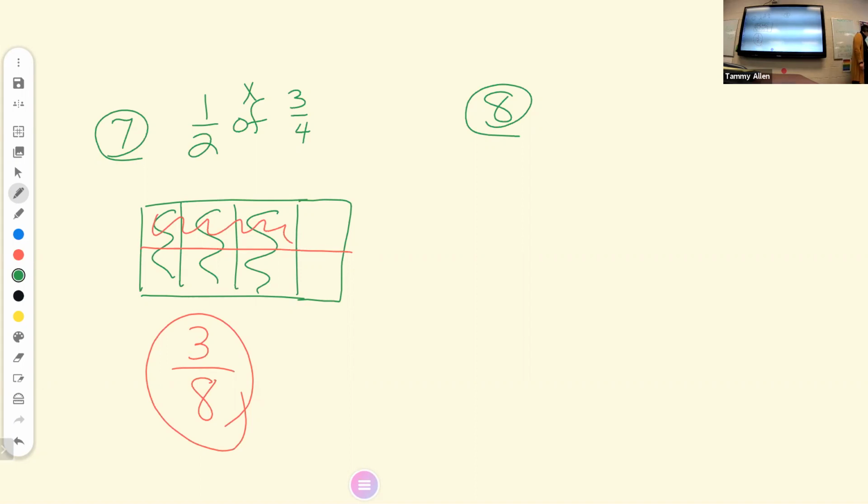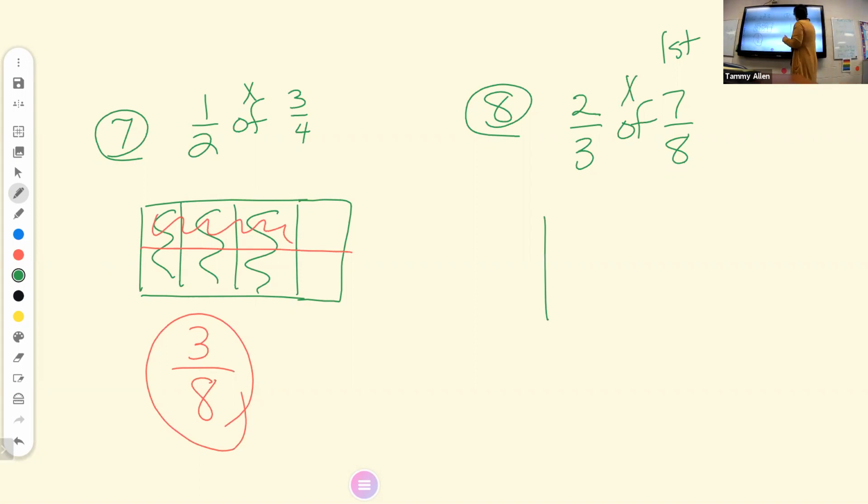Number 8, he bought 7/8 pound of turkey and he used 2/3 of it to make the sandwiches. So he used 2/3 of the 7/8 pound of turkey that he bought. Does that make sense? He had to have that there first, right? In order to use it, he had to have it there first. So we need the 7/8 there first.